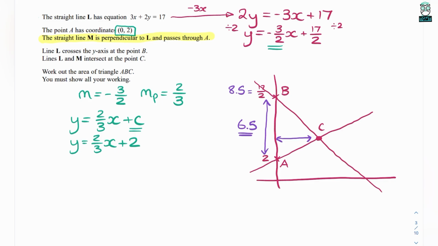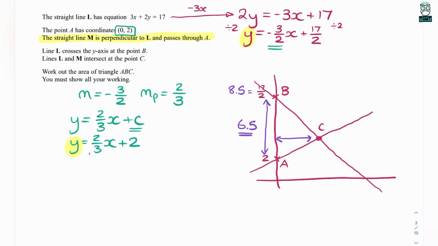So the maths that we have to use to find where lines intersect, we have to solve them simultaneously. But because they are both equal to y, we have y equals 2/3 x plus 2, and y equals negative 3/2 x plus 17/2. What I can actually do is just set them equal to one another.